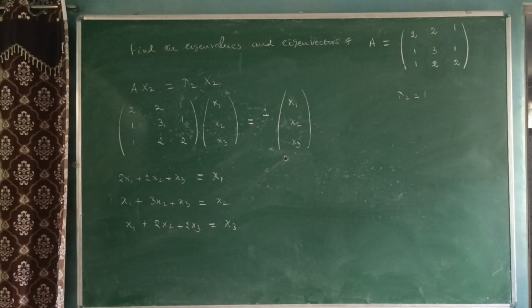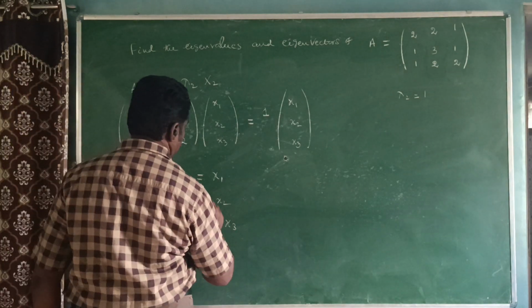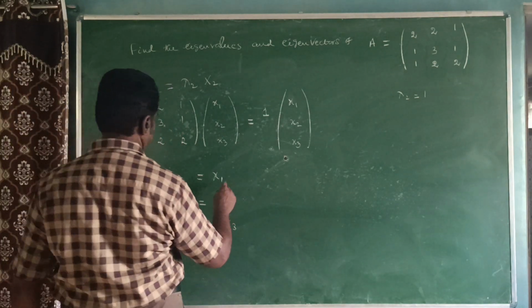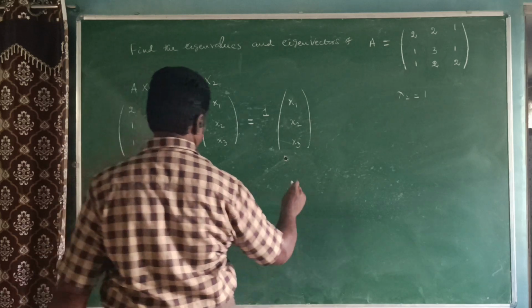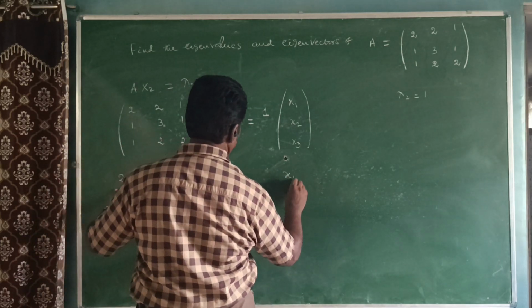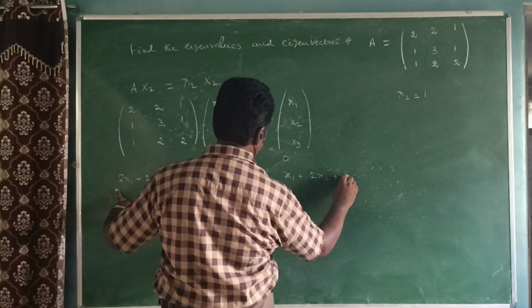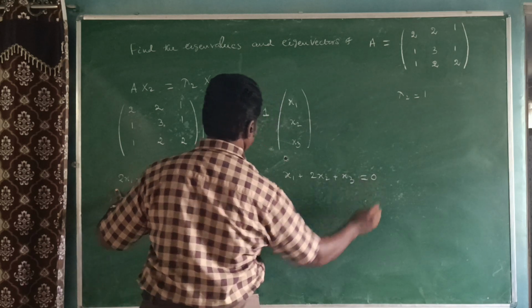We have three equations. Now we have to solve all the three equations. From equation 1, if you bring this x1 to the left hand side, we can get x1 plus 2x2 plus x3 equal to 0.